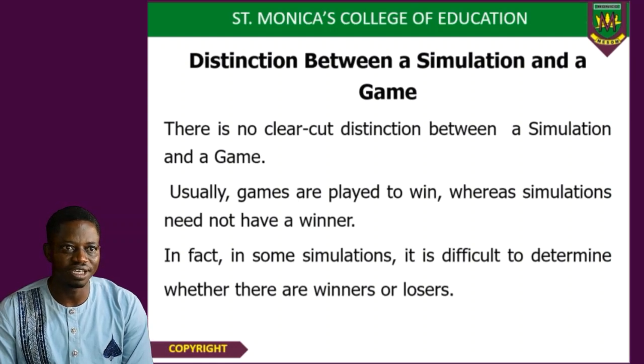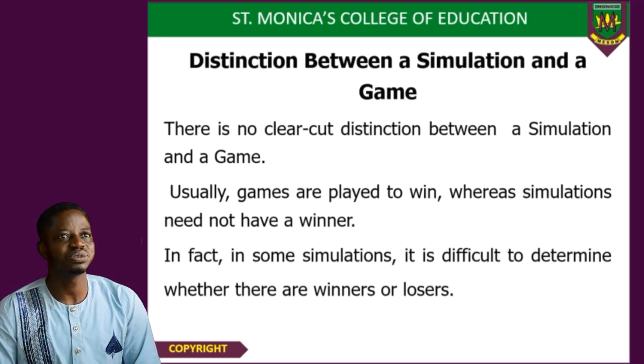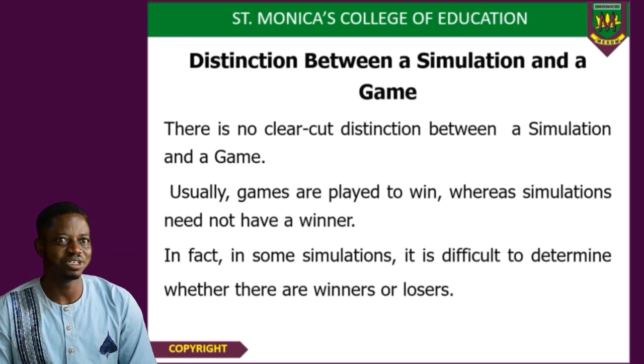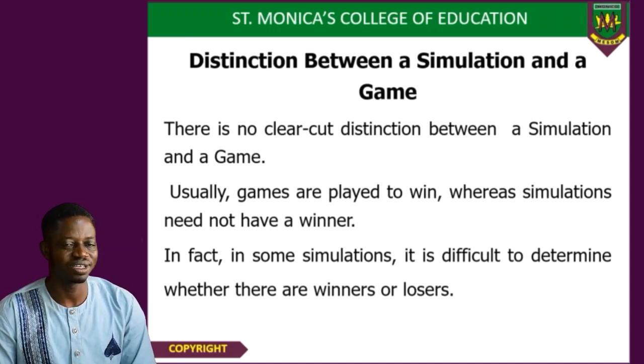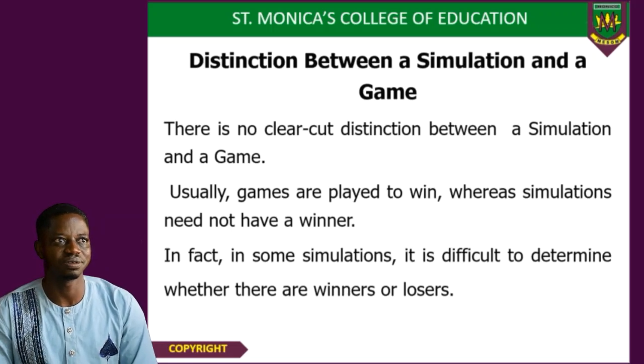The idea is to create and share knowledge. We are not talking about winners or losers. Let's all have the experience. Let all of us learn. But in a situation where you organize a football match, automatically you may need a winner or a loser. That is different. It's also part of games.